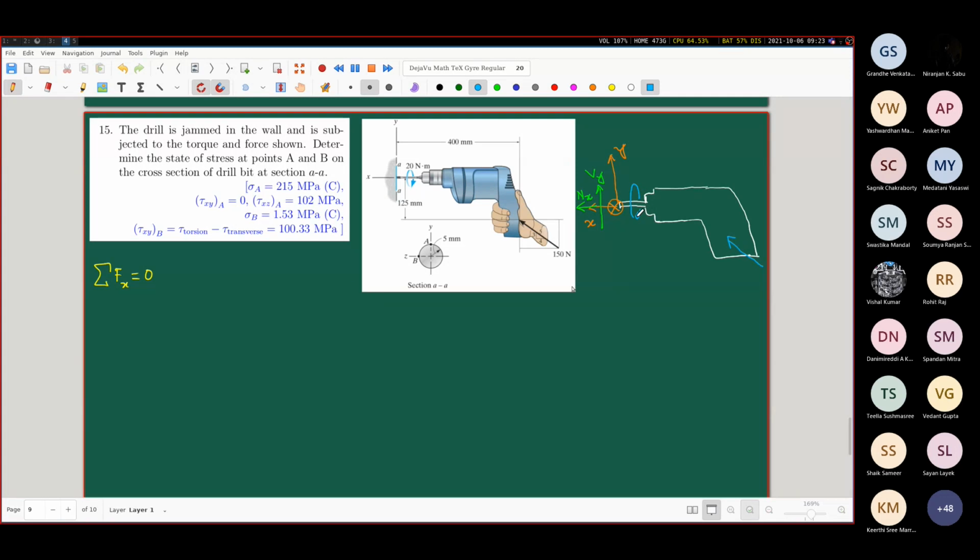External loading. This is the torque. This is the force P. Values of this are known. You were telling about moment. So if I want to represent the moment about the z-axis, I can represent it like this. Let's say this is Mz.